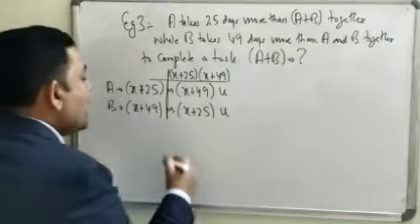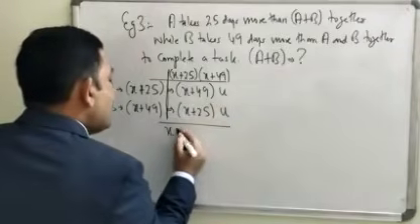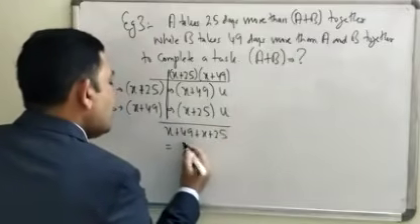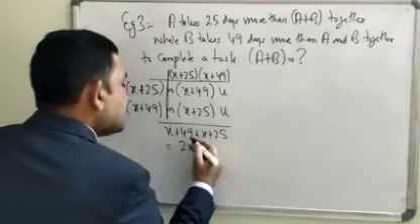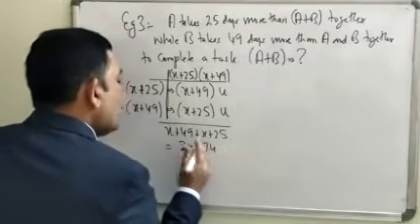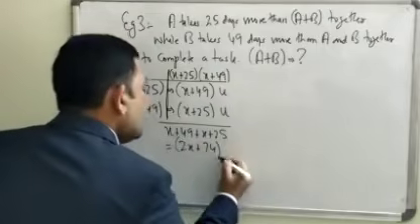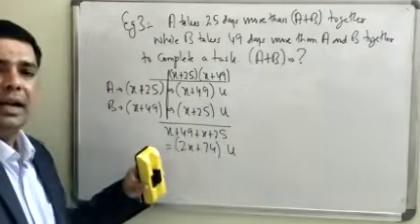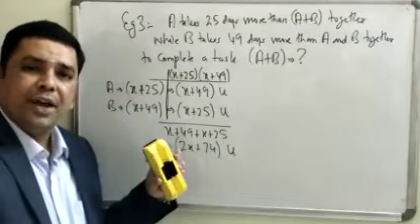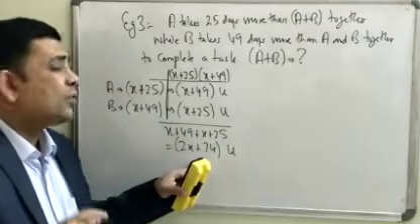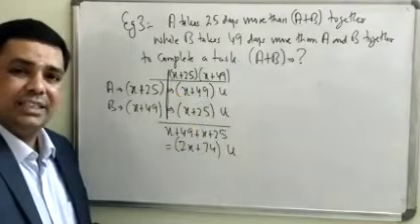What is the combined efficiency? The combined efficiency is X plus 49 plus X plus 25, so 2X plus 74 units. This is the total combined efficiency. Now with this efficiency, they are able to complete the task in X days.